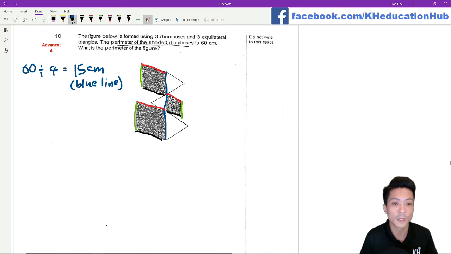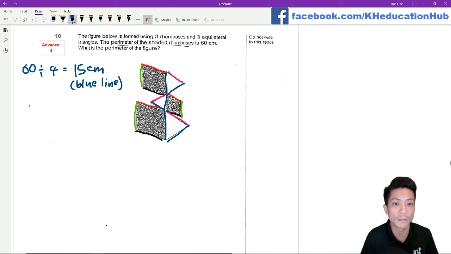Now, if we want to find the perimeter of the figure, I just need to include one more. 1, 2. Okay. And then I'm gonna shift the blue line to here. 1, 2, 3.